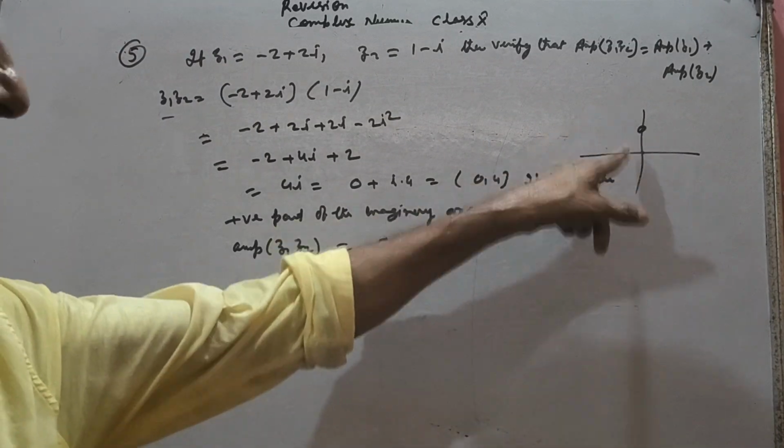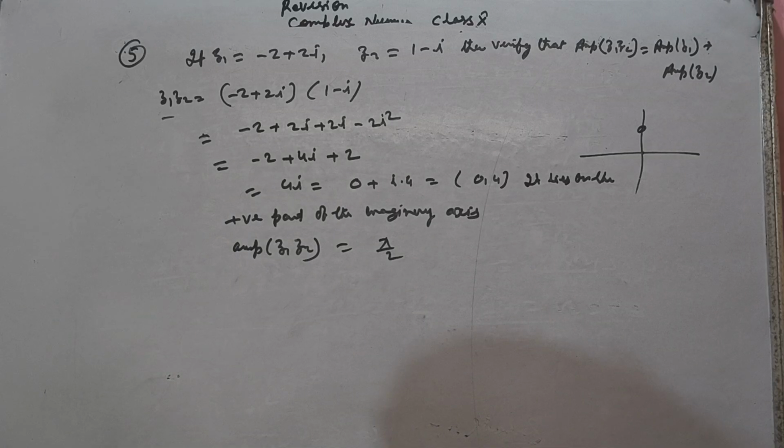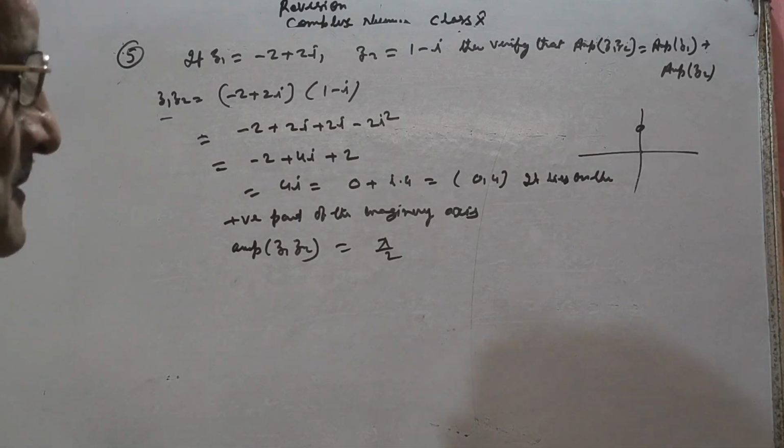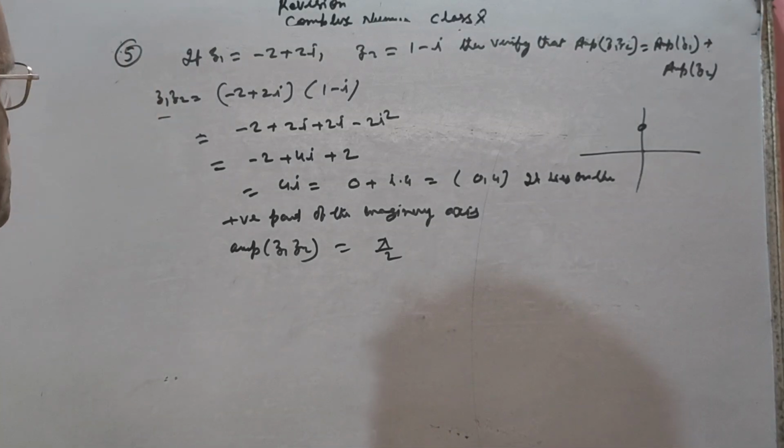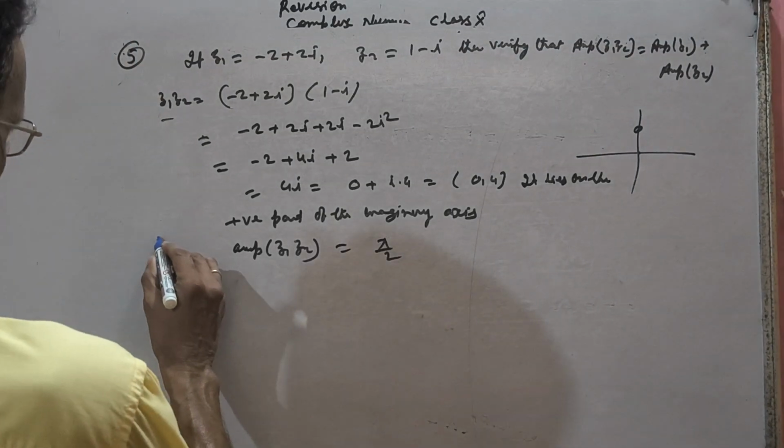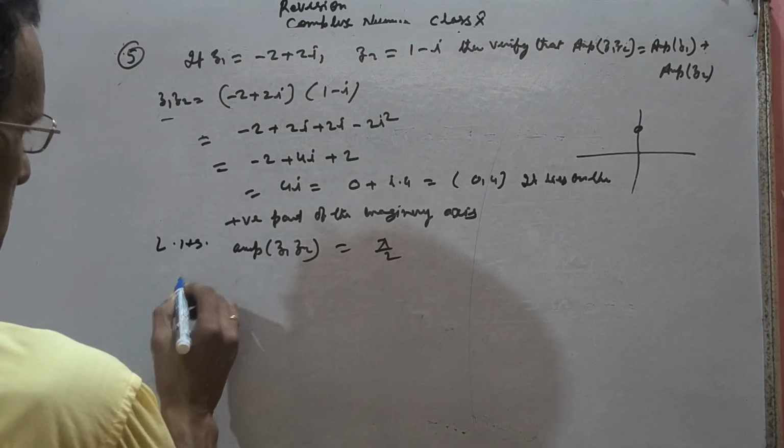The Y axis is called the imaginary axis. Now we will go to the RHS. This is LHS.